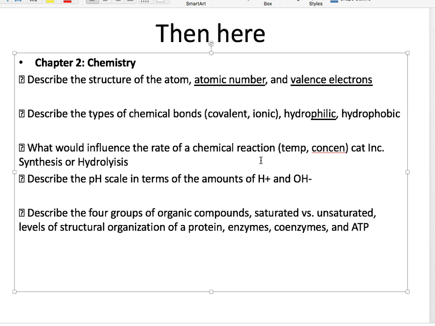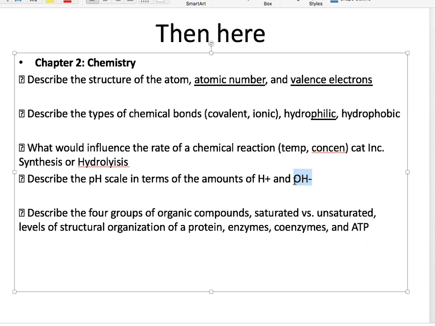We make metabolic water. pH scales, numbers of hydrogens. Don't try and memorize the log value of all of these things. Try to understand what it means: if we decrease the concentration of these, we make the solution more alkaline. If we decrease the numbers of these, we make the solution more acidic. Try to understand what I just said there.